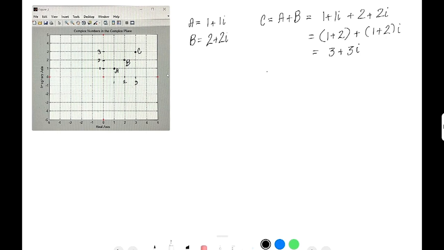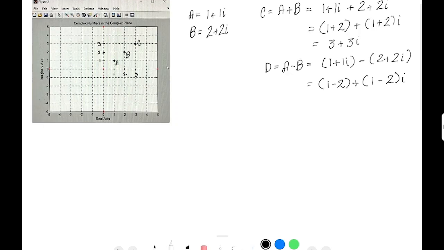Now let's say we have a point D, which is A minus B. So that's 1 plus 1i minus 2 plus 2i. And that equals 1 minus 2 plus 1 minus 2i.